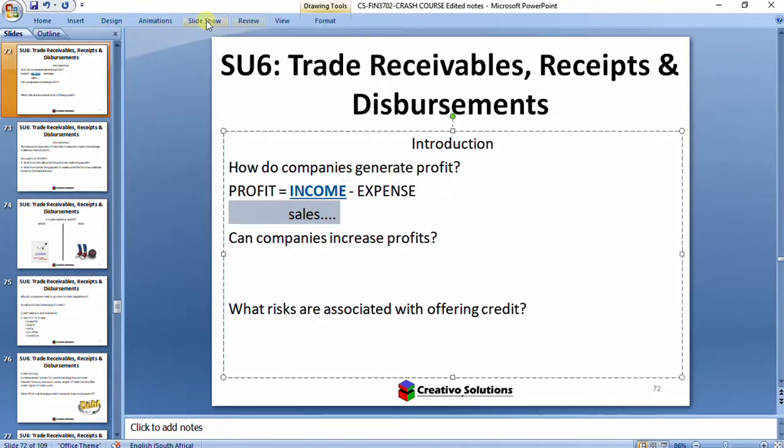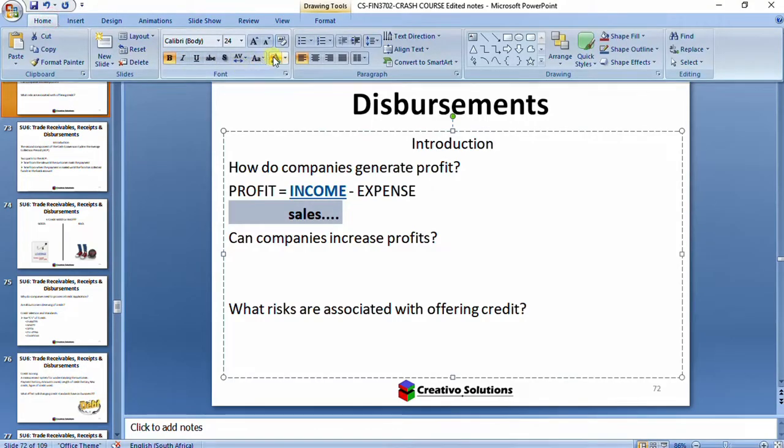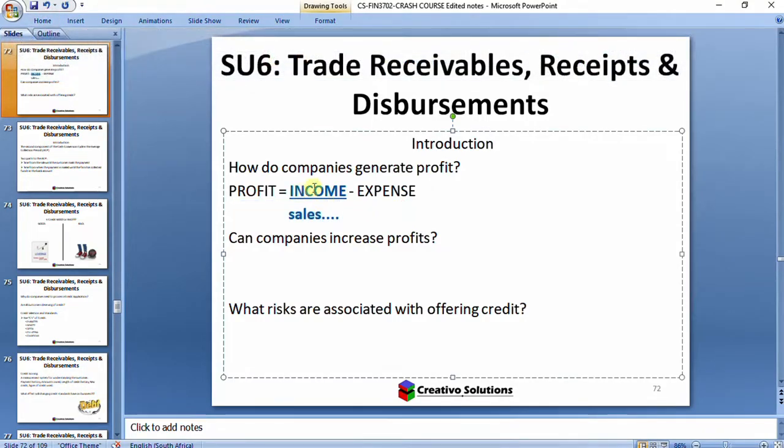You can allow more credit. There we go, that's the answer. If you want to generate more profit, you just need to sell more. Sales and marketing is what drives a business. If you've got good salespeople, they bring in the money, they bring in the income.